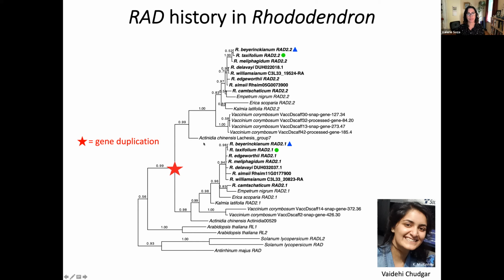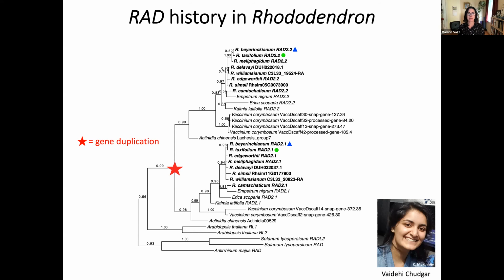We found these 2 copies also in kiwi fruit, which is shown here as Actinidia. So this was a much older duplication than what we observed with the cycloideas. And we didn't find any subsequent duplications or losses in rhododendron in this particular gene.